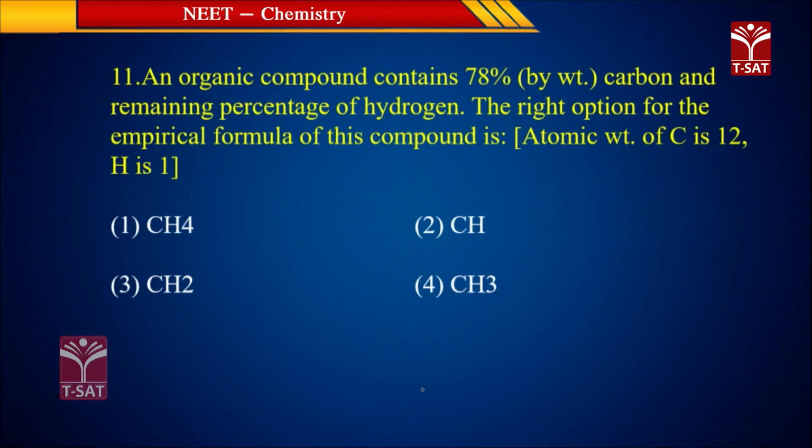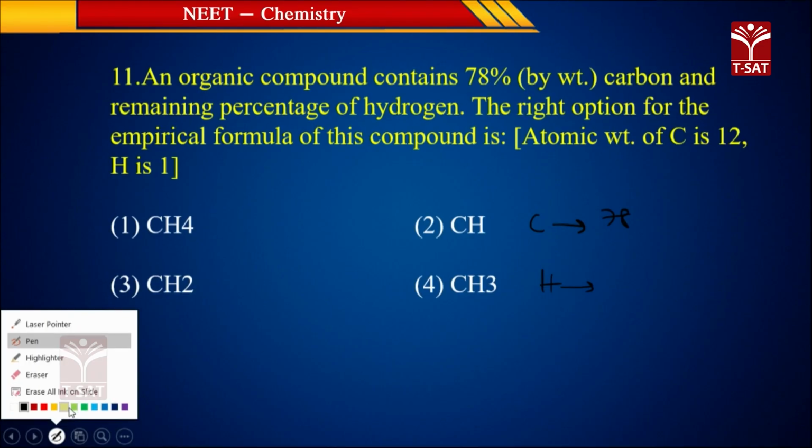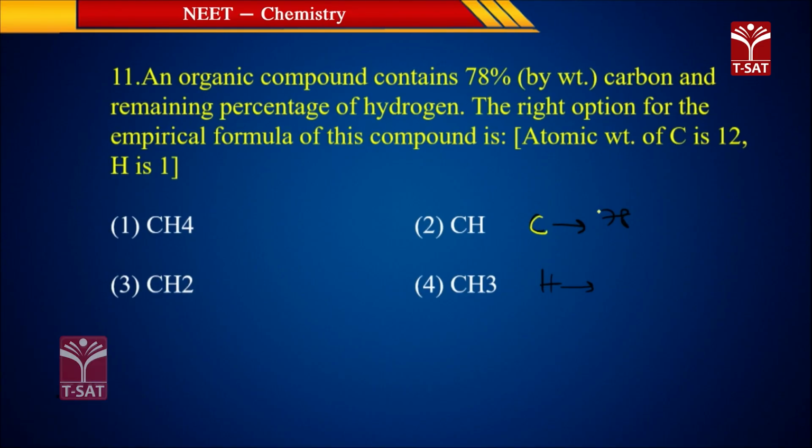Okay, next, 11th question. An organic compound has carbon 78%, hydrogen is how much it is given? Remaining percentage is hydrogen. Hydrogen will be 22, right?